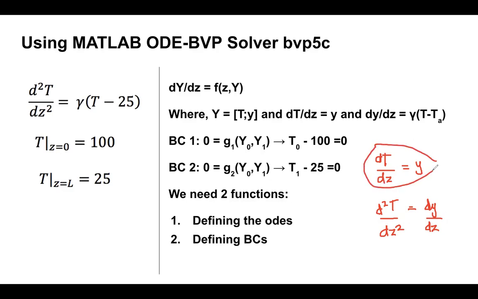This is one of the ODEs. And now for the other ODE, d square T by dz square is this term, right? So let us write that here: dy by dz is equal to gamma times (T minus 25).